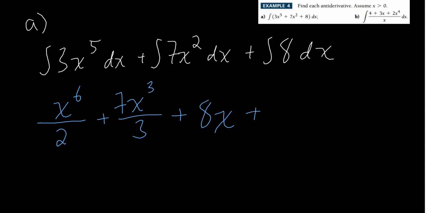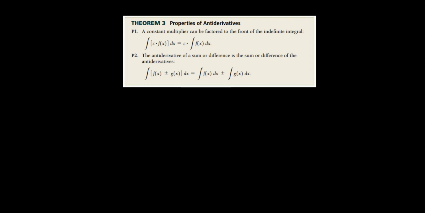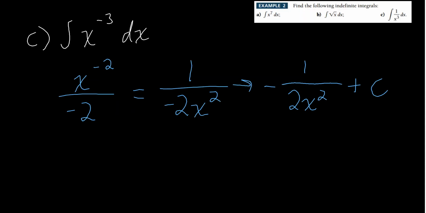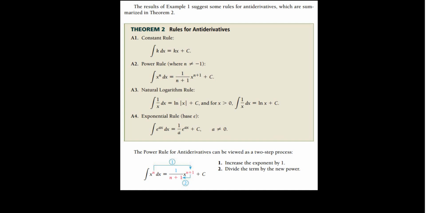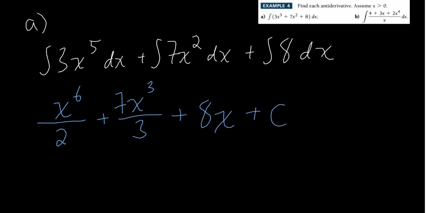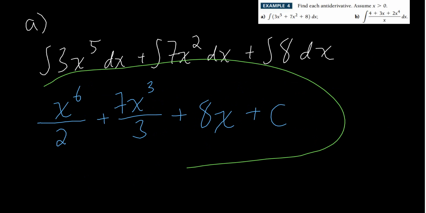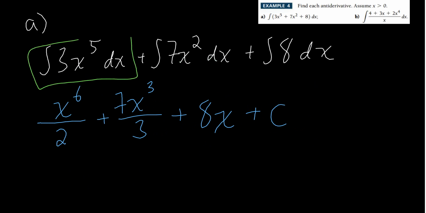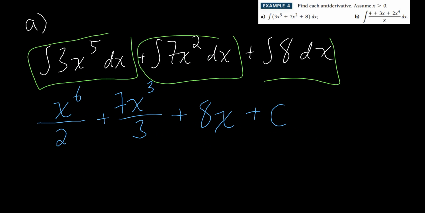Now really quickly, I don't know if our theorem discussed this. It didn't really discuss it there. It kind of discussed it here. But when we have a problem like this, when I took the integral of each one of these, I said we did them separately.